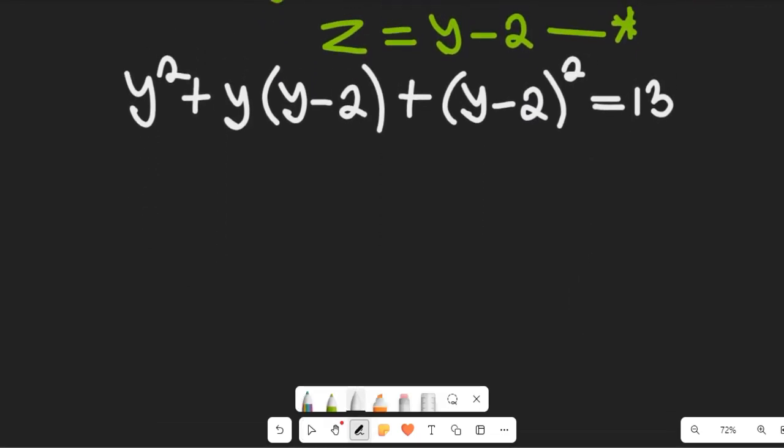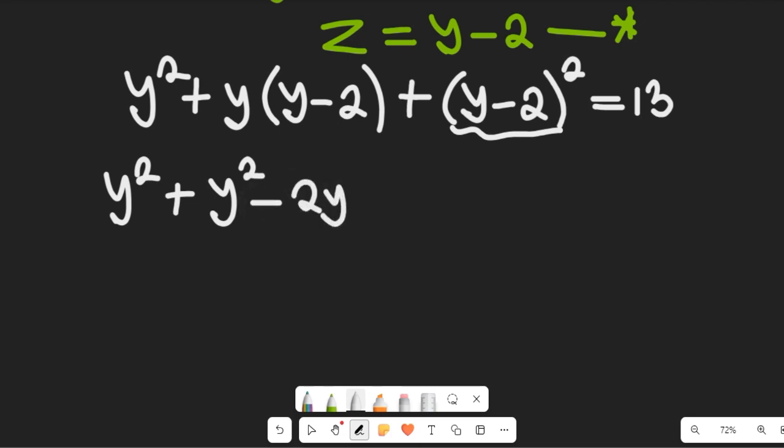If I expand this using the algebraic formula, I'm going to have this expression become y square plus y square minus 2y, right?